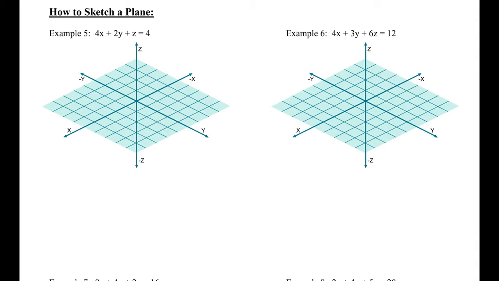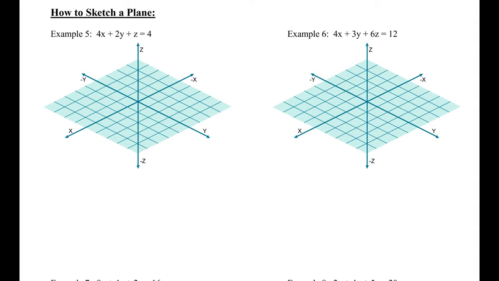Right, the next thing we're going to do is talk about sketching a plane in a three-variable function. To do this, I first need to find the x, y, and z intercepts. To find the x-intercept, I'm going to take the equation and plug in 0 for y and for z.